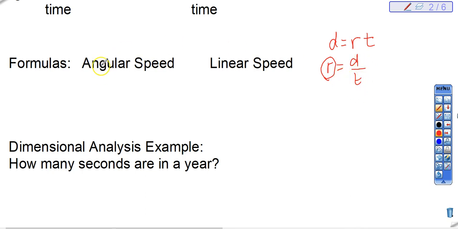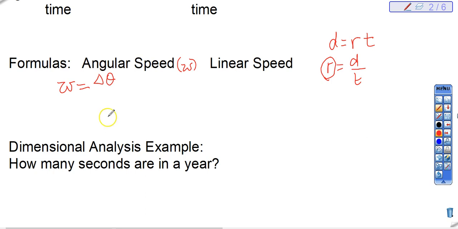It's the same in angular speed. But you're doing a measurement in radians. How many radians are you turning? So angular speed, which is denoted by the omega sign, is equal to your change in theta, radians, divided by the change in time.